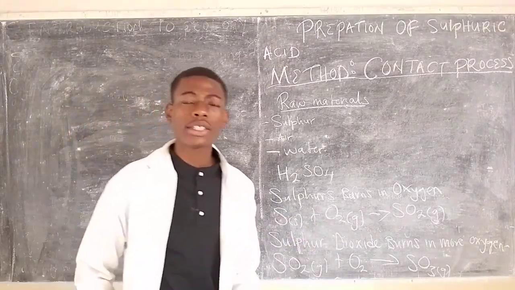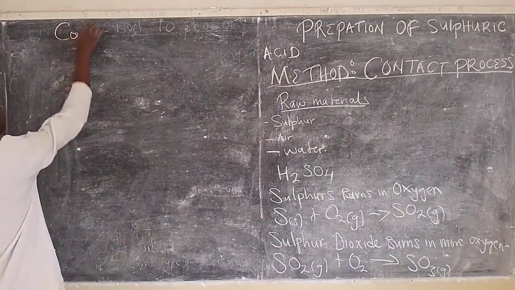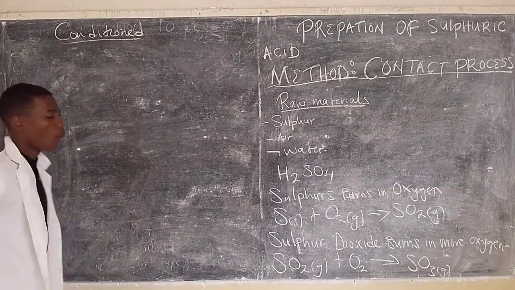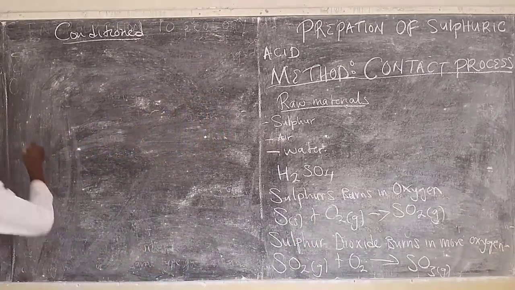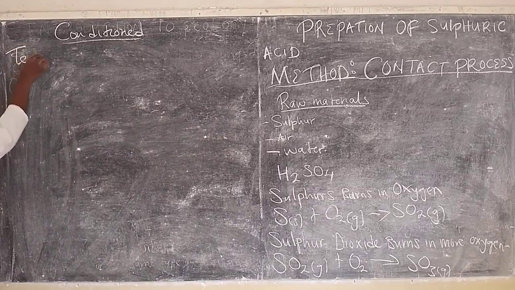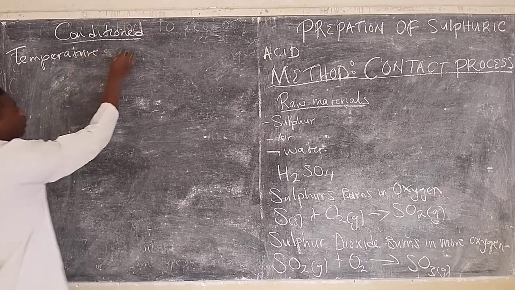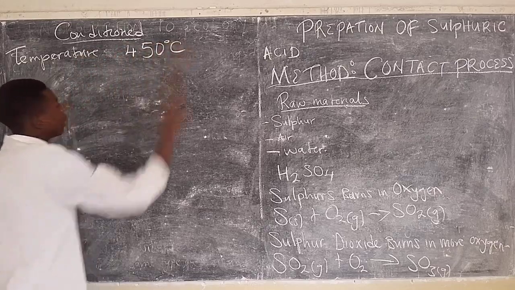For this reaction to take place, there are conditions, which are mostly asked in an exam. What are the conditions for this second part of the reaction? The temperature should be equal to 450 degrees Celsius.